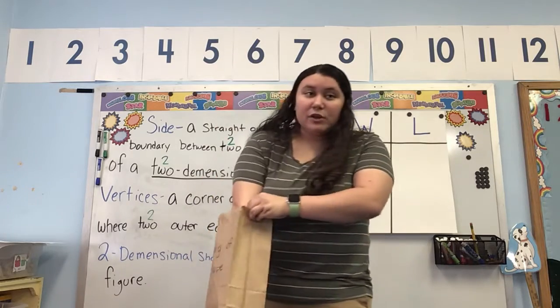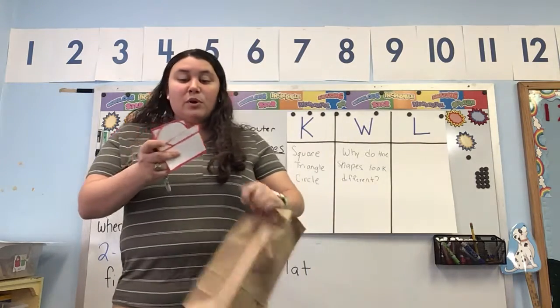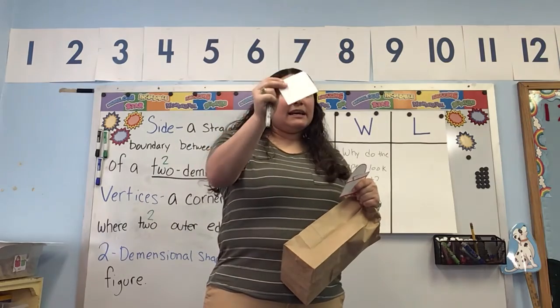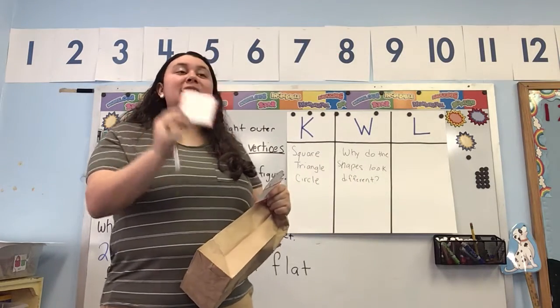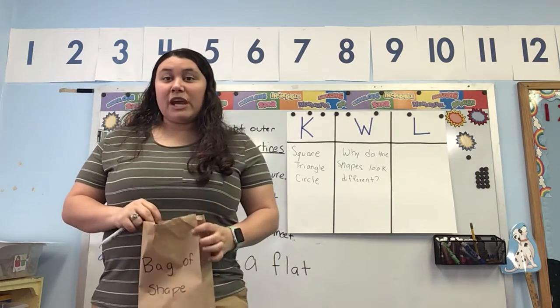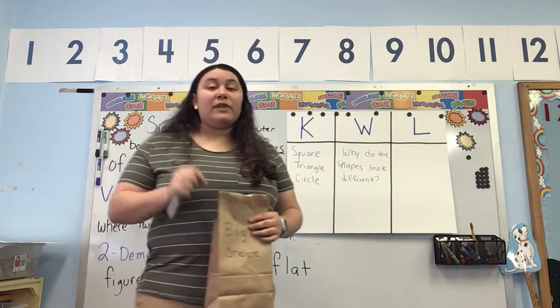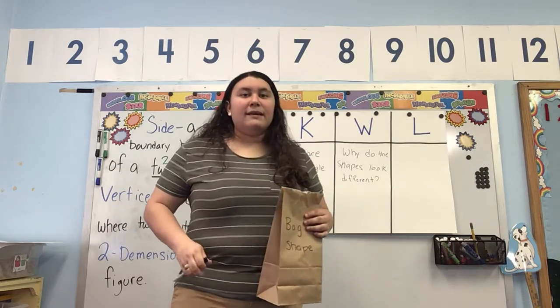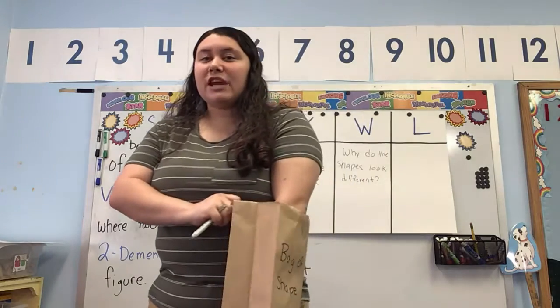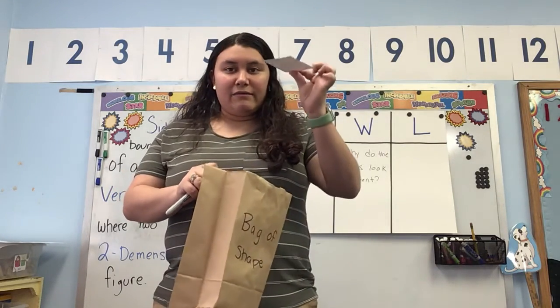If you hold up your shape, we could see that it is flat, right? It is not thick. It doesn't have anything in between it. It is flat. Now, every time that I talk about a two-dimensional shape, I want you to remember that it is flat. What is it? Flat, correct? So I know when I pull out any of these shapes, it's going to be flat.